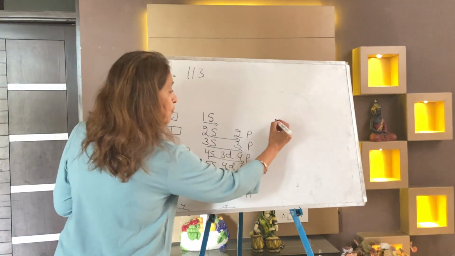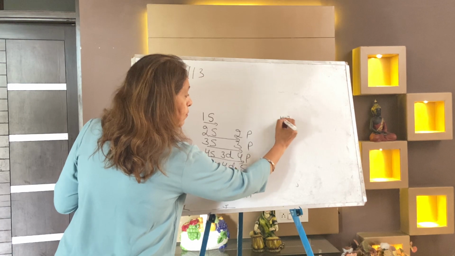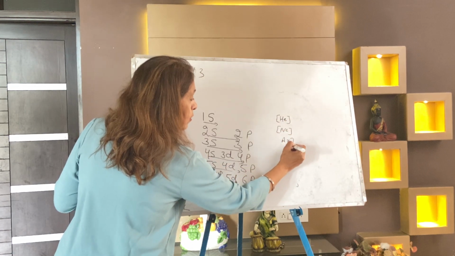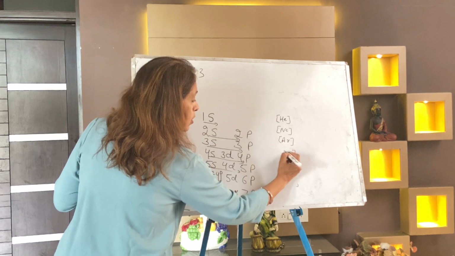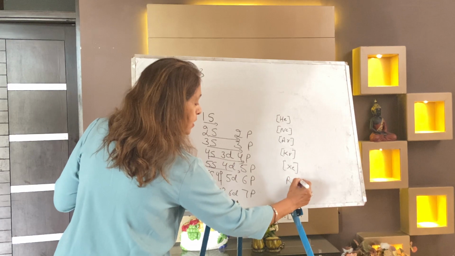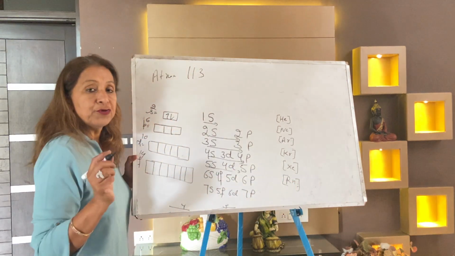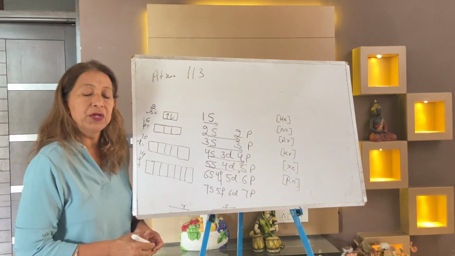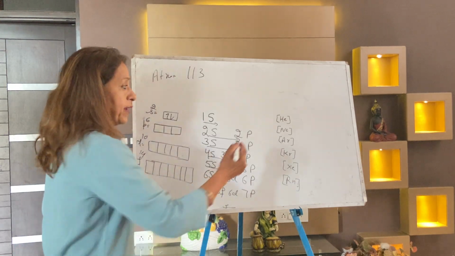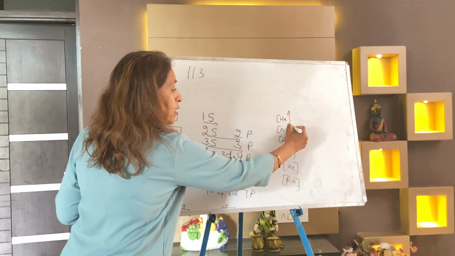Helium, neon, argon, krypton, xenon and radon, 86. You please learn the names of the noble gases. It is your duty to learn the names in serial order. Helium 2, neon 10.